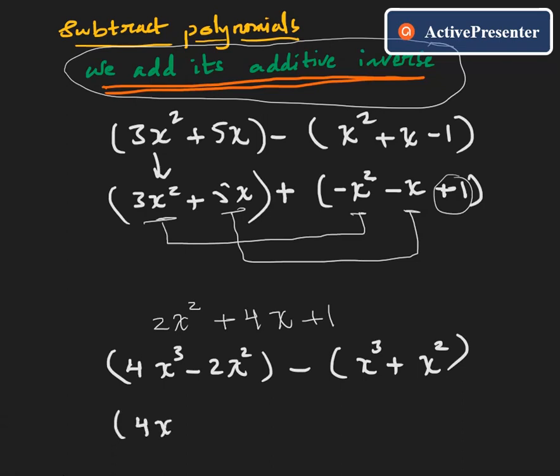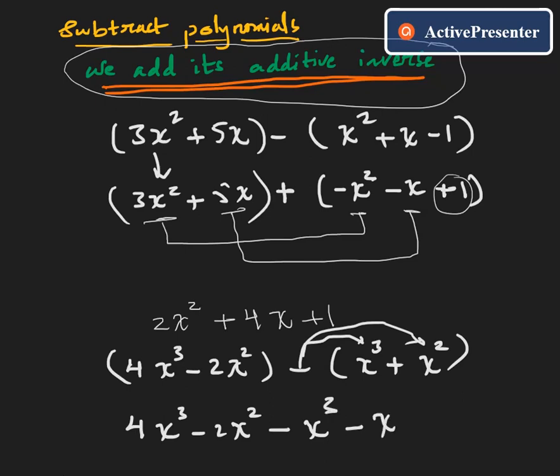This will remain the same, 4x cubed minus 2x squared, without parentheses, because as you proceed in the future, you will know this automatically. Minus multiplied in here and minus multiplied in here should be minus x cubed minus x squared.